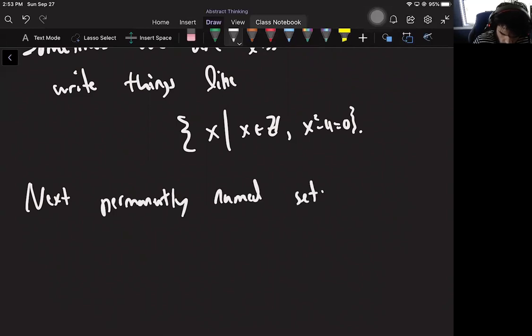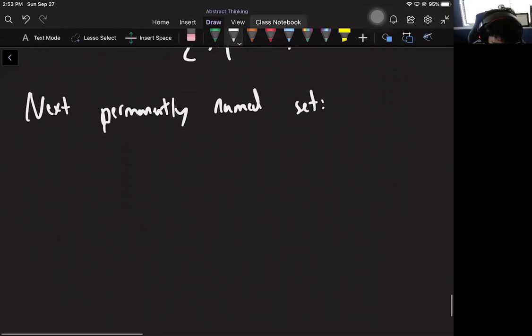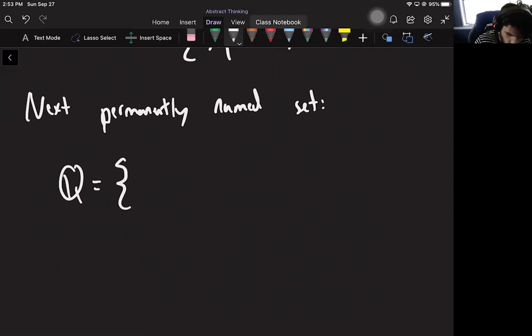It's really hard, although it is possible, to list out everything in this set. It's called Q. I don't know why it's called Q. And it's the set of rational numbers, which we have talked about, but we haven't said the set of them.